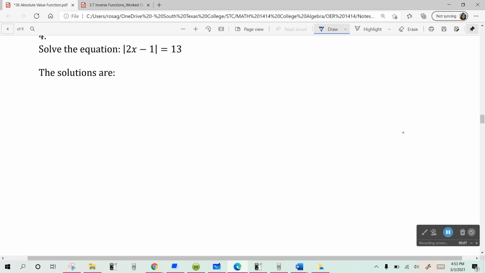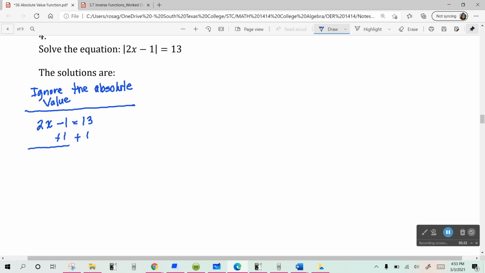I create one equation where you ignore the absolute value. So then I just solve it. And then I divide by 2.